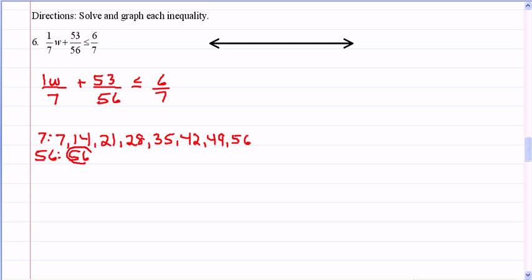And say that my least common denominator is equal to 56. And I want to multiply the numerator and denominator by 8 on the first and last fractions so that I have a 56 in all 3 of my denominators.